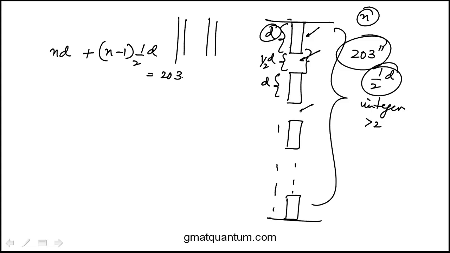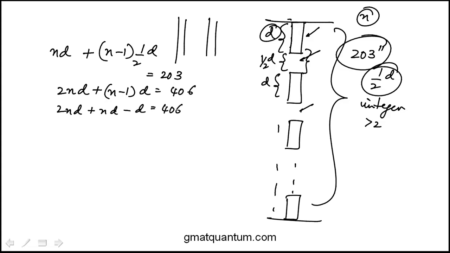So that's the condition. And I'm going to multiply both sides by 2, because I don't like denominators in integer problems. So we have 406.